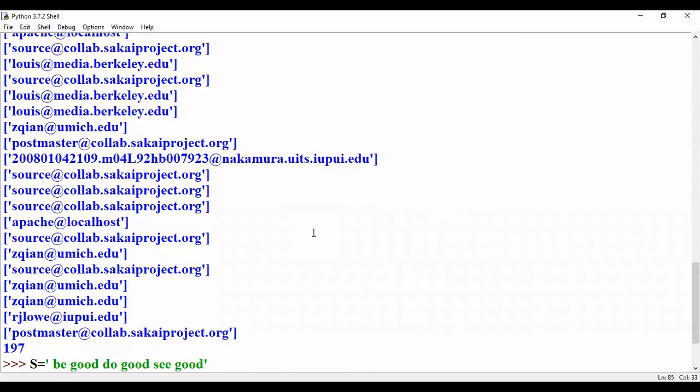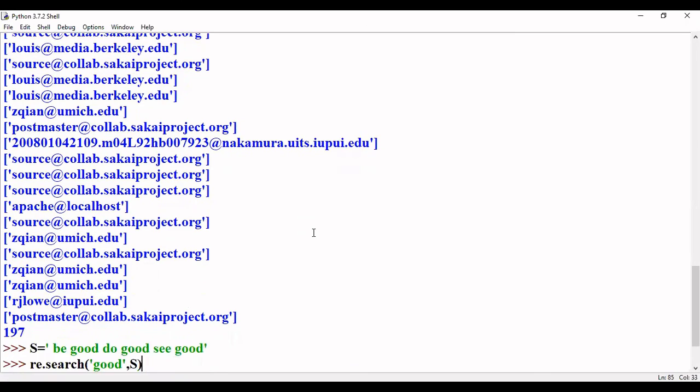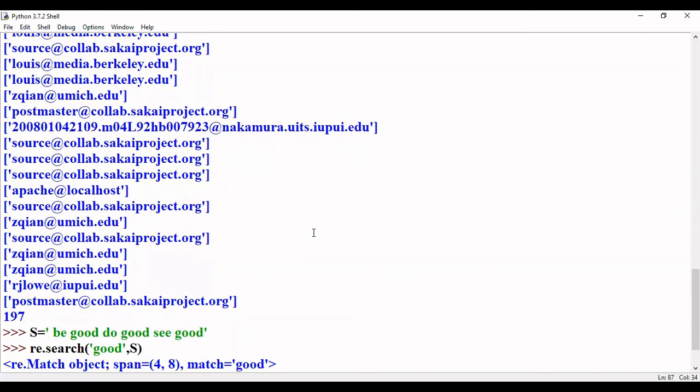If you see here, we have taken one string: be good, do good, and see good. Now, I've applied the re.search method, and my pattern to search is good. Good is the substring which I'm supposed to match.